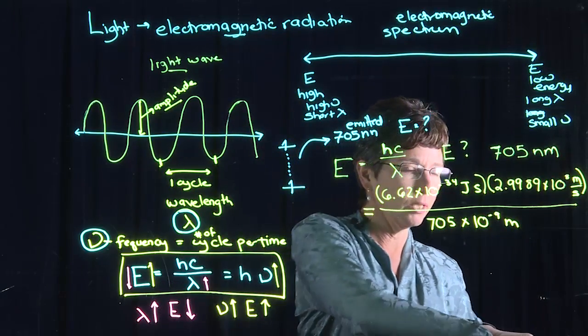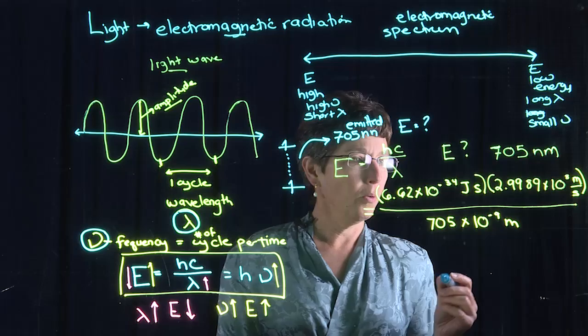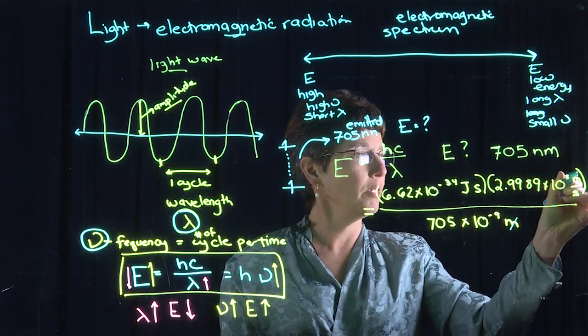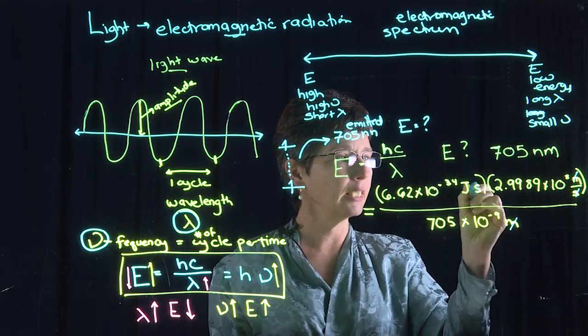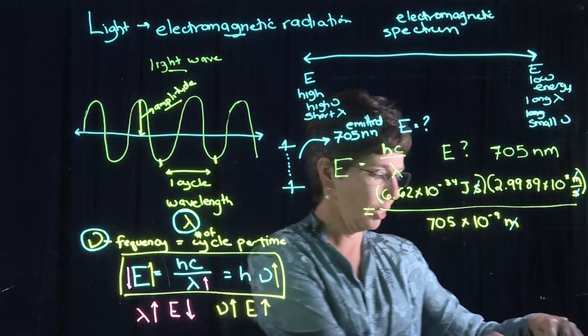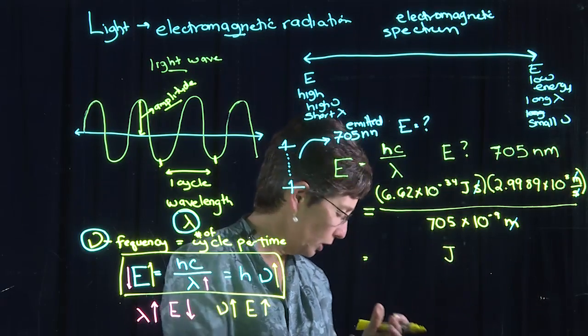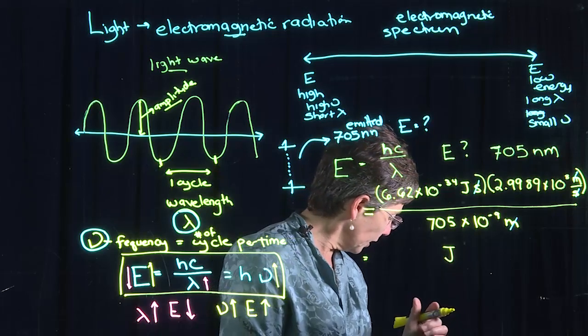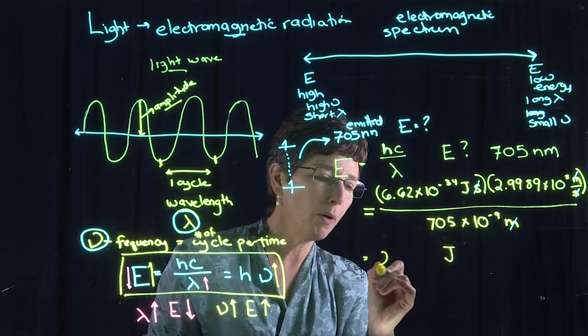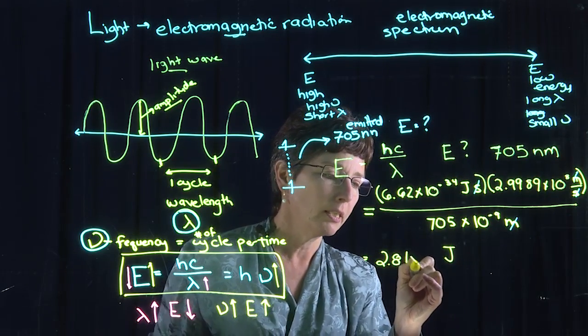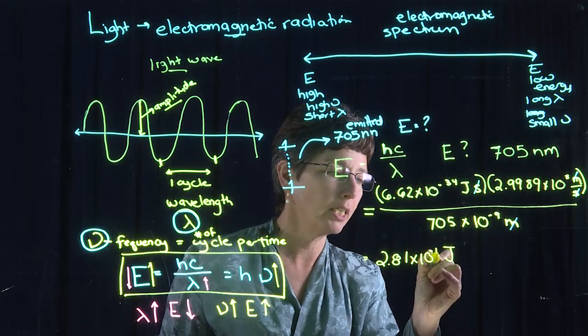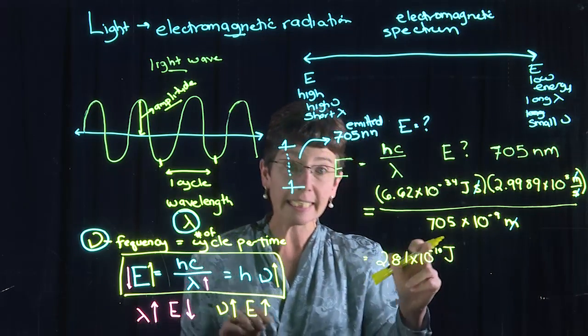Let's take a moment and look at our units. So we've got meters canceling meters. We've got seconds canceling seconds. So we're going to have our answer in joules, which is the standard unit here, and that will be 2.81 times 10 to the minus 19 joules.